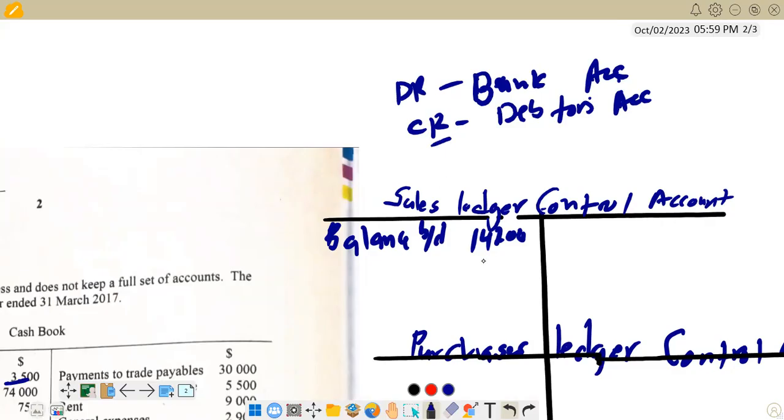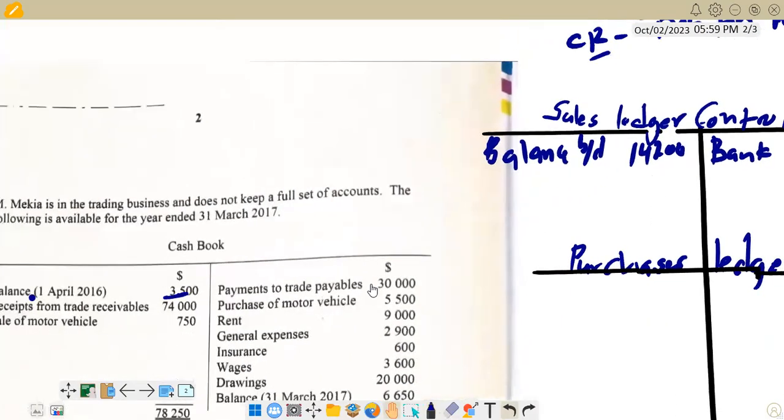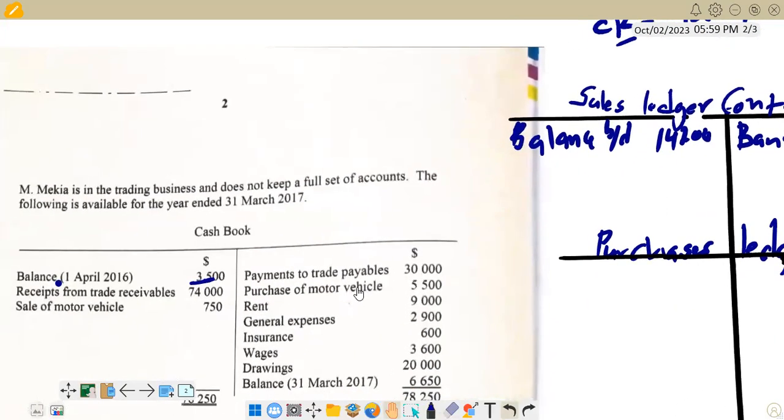This is a replica of what happens in the ledger. Since we are crediting the debtor, it means the control account is also going to be credited. So here we are going to have our bank in terms of what was paid by the debtors. We are going to find that figure in the cash book.